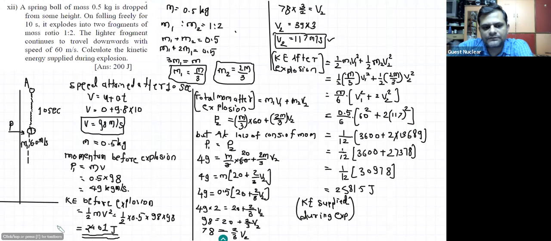So let us call this one as K1, okay, and the kinetic energy after the explosion is going to be K2 here, suppose. ये K2 हो गया, तो यहाँ पे हमको क्या करना है, K2 में से K1 माइनस करना है simply.